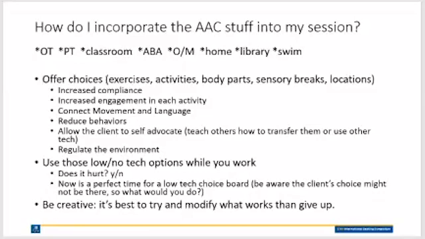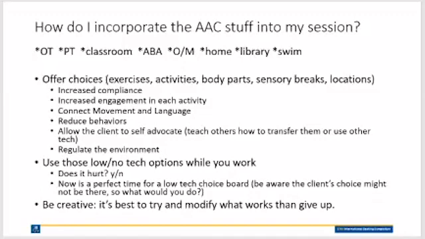So you might offer choices in your OT, PT, O&M to increase compliance. You would increase engagement in the activity, if it's highly motivating, by asking, which body part should we start with? What do you want to do first? Do you want to practice with obstacles or without obstacles? Do you want to go into that room or this room?